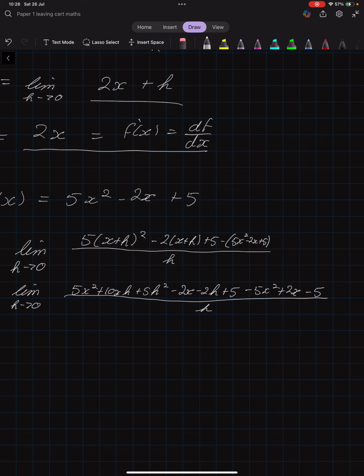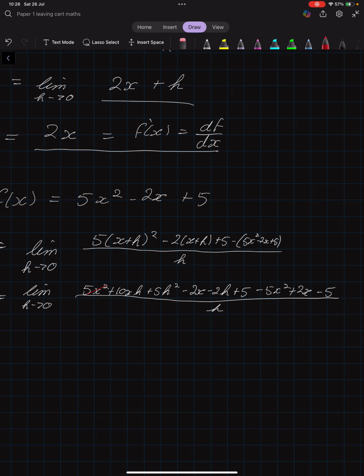Now again, the 5x squared will cancel with the minus 5x squared. The minus 2x will cancel with the plus 2x. And the plus 5 will cancel with the minus 5. So you notice in all of these examples, this always cancels out to 0. Okay, and that will always happen, and if it doesn't, you've made a mistake.